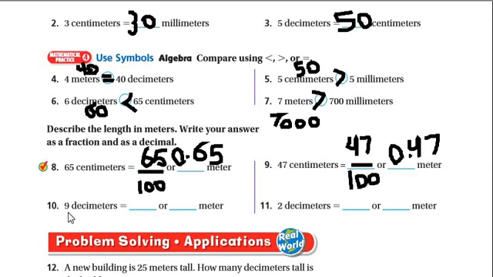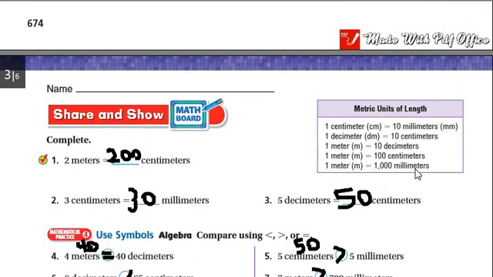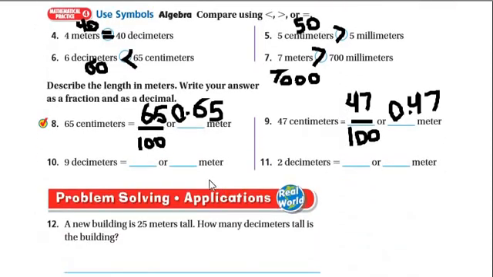Number 10. I have 9 decimeters. I want to convert decimeter to meter. Go back again. Decimeter to meter. Okay. 1 meter equals 10 decimeters, grade 4. So I want to convert here. Decimeter equals how many meters? So I'll divide by 10 this time. So I have 9 divided by 10.